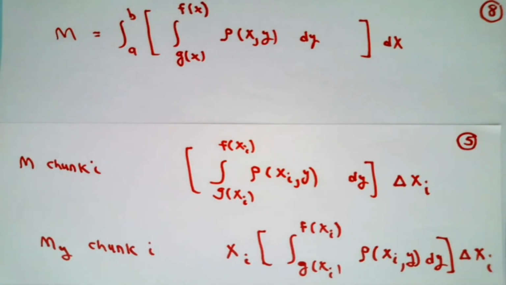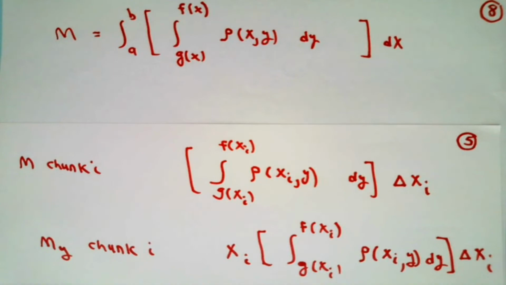At first glance, this result looks completely crazy, but you have to remember the context. When I'm doing the integral inside the brackets, I regard the x as being a constant. That means g of x will be regarded as a constant, f of x will be regarded as a constant. For the inside integral, the one in the brackets, y is the only variable.